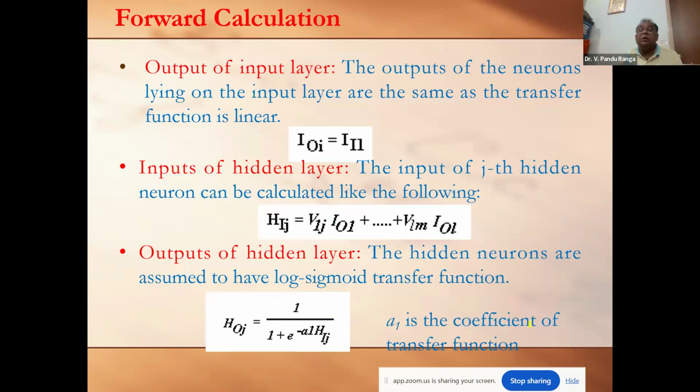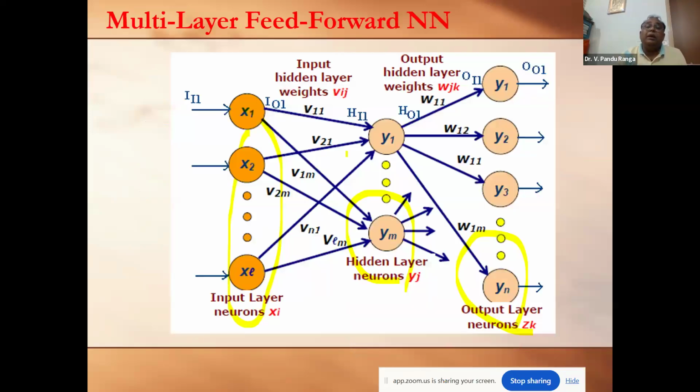If you use a linear transfer function at the input layer, whatever output you calculate is equal to the input. As there is only linear mapping, whatever input I provide, I will get as the output.